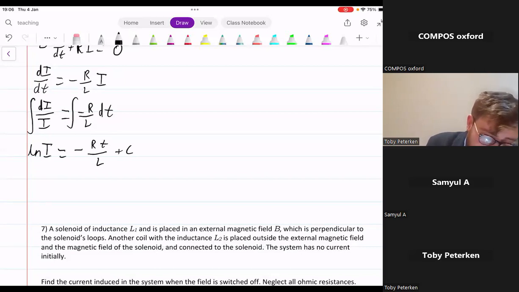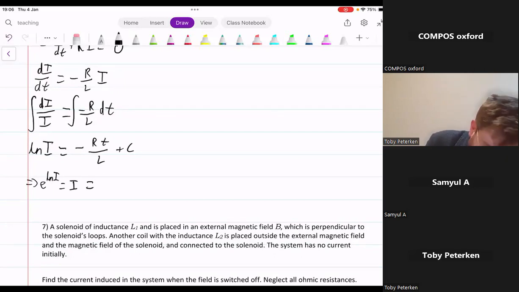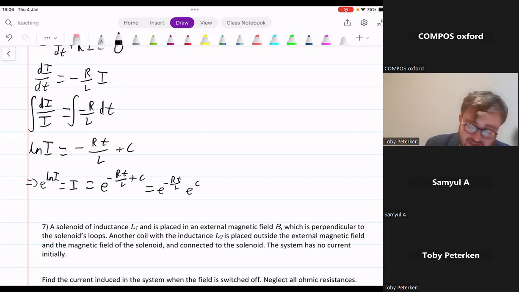Now, to solve for I, we exponentiate both sides. So in other words, we do e to the power of both sides. So I equals e to the power of minus Rt over L plus C, which is equal to e to the power of minus Rt over L times e to the power C. This e to the power C is just a constant.